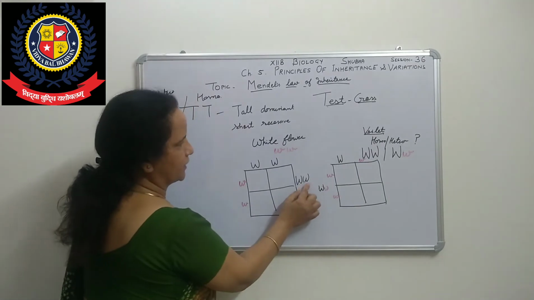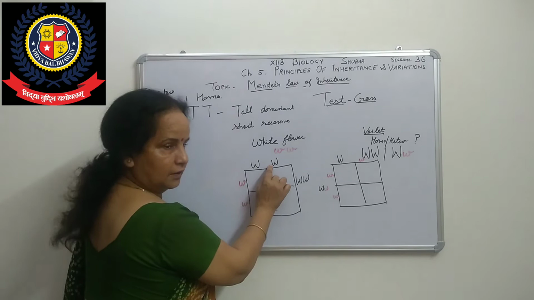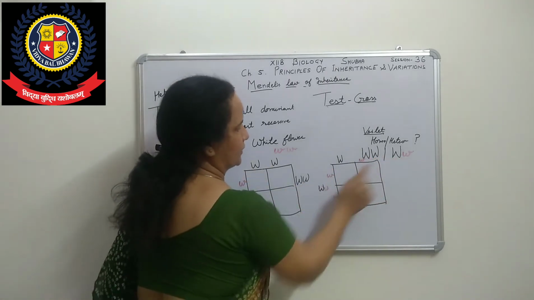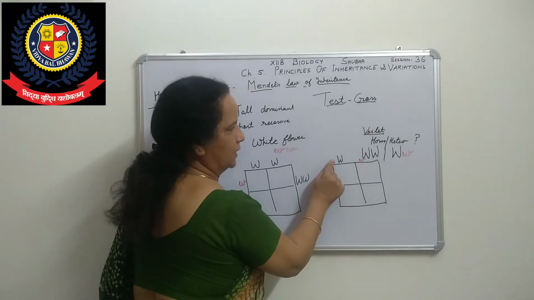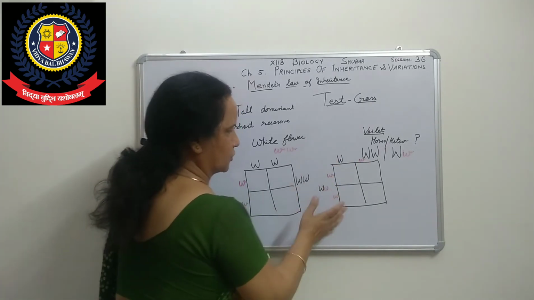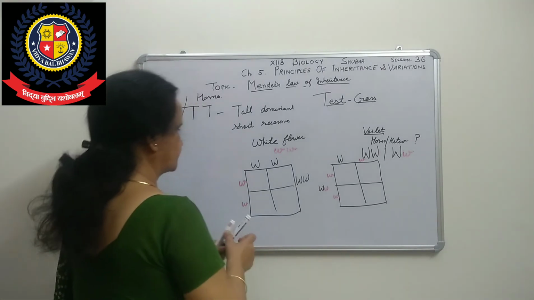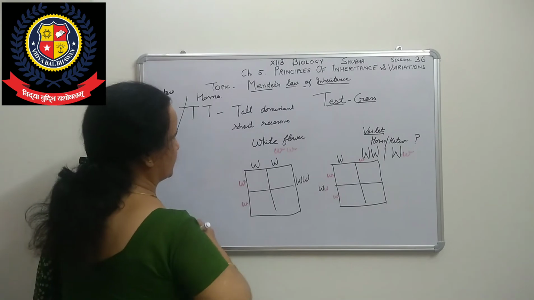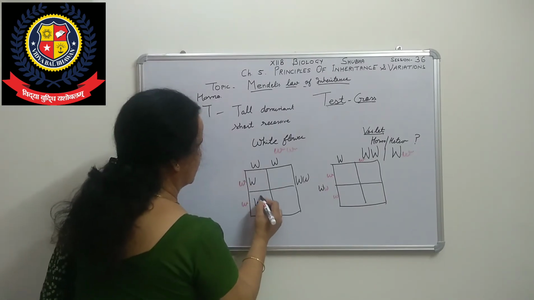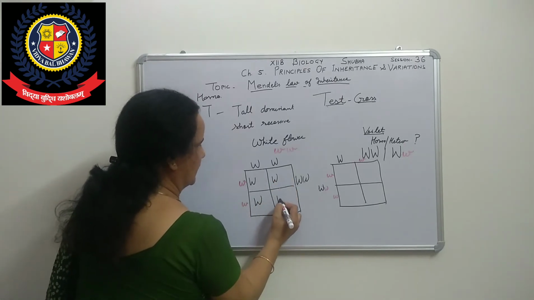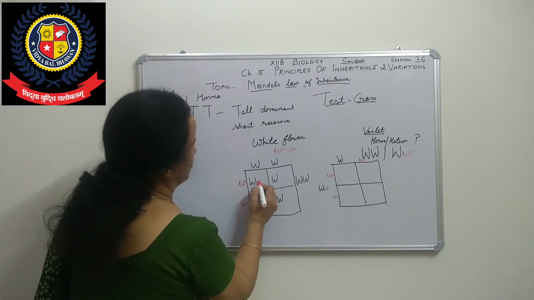So in the homozygous case we have written the gametes here, both in capital form, dominant. When it is heterozygous, this condition is there, and in that condition we have capital and then small. Now we will see what type of flowers we are getting. Both will multiply, then we will get these here, and the recessive trait is like this.